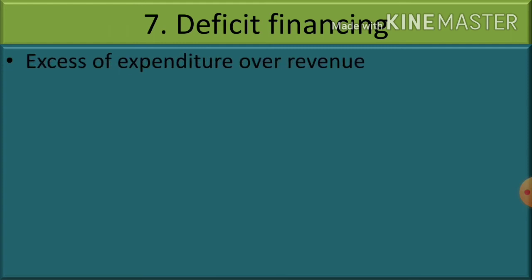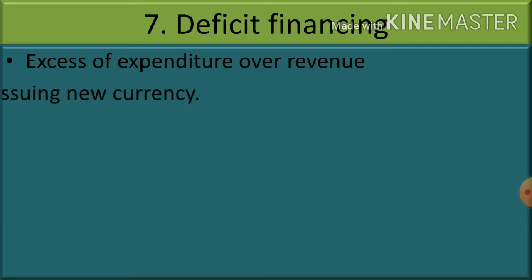Next is deficit financing. What is this deficit financing? Deficit financing means excess of expenditure over revenue, and this expenditure and revenue is of the government. That simply means excess of government's expenditure over government's revenue.